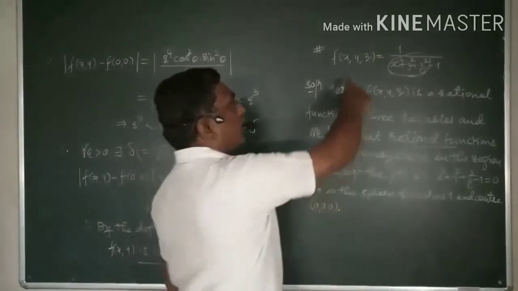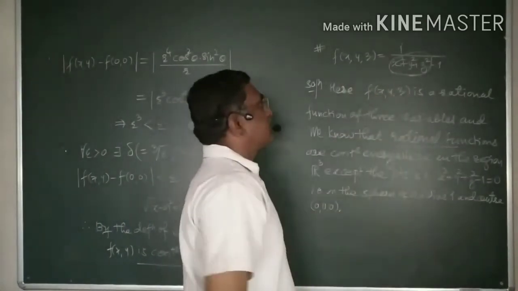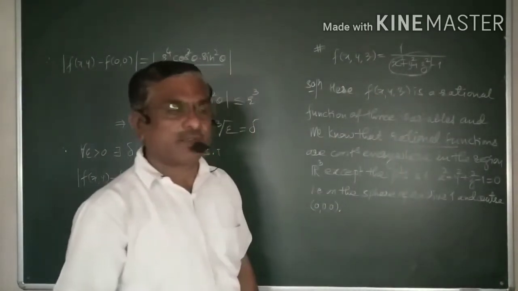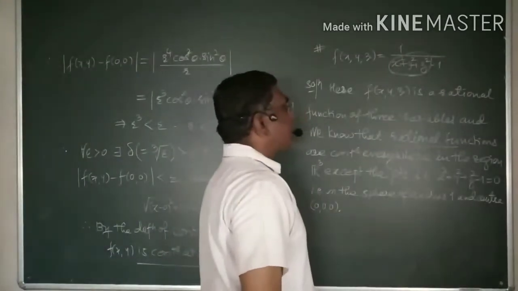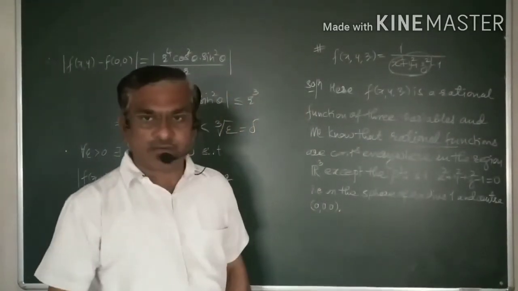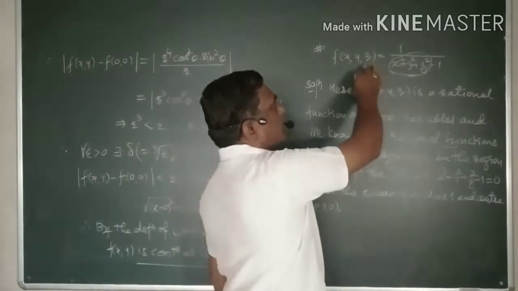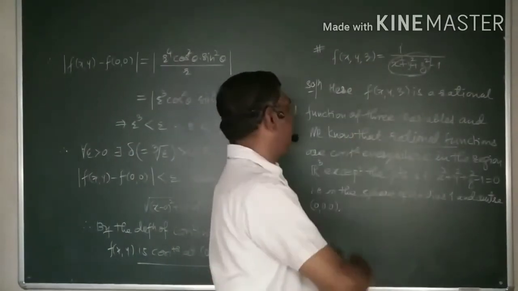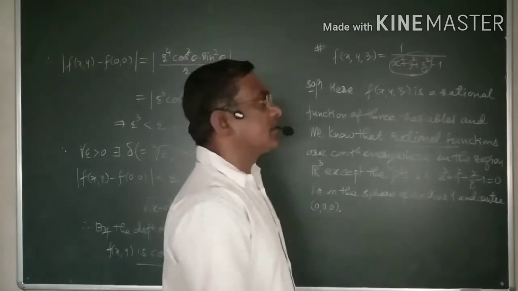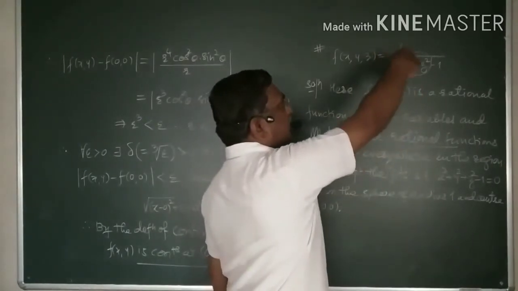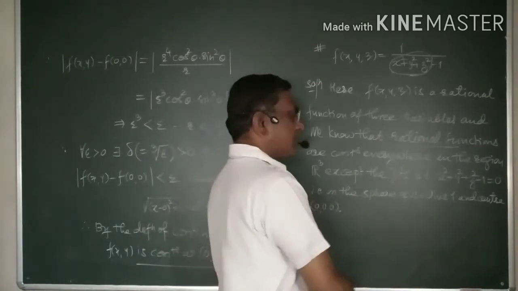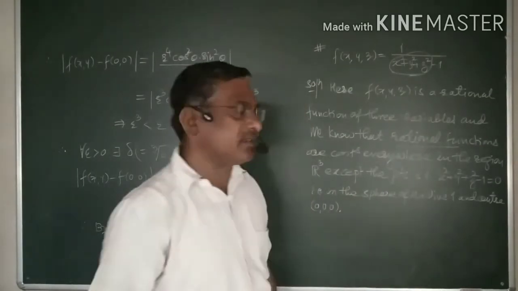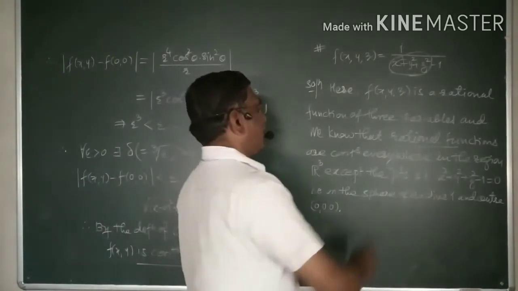Here, function f of x, y, z is defined to be 1 over x square plus y square plus z square minus 1. This being a rational function, we know that rational functions are continuous everywhere. But the region of this rational function, which is of three variables, is R3, and the domain of the function excludes the sphere of radius 1 and center 0, 0, 0.